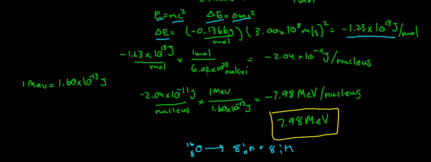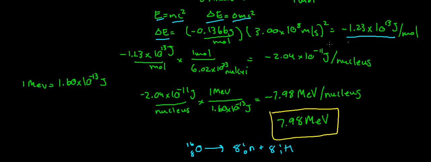With the quantities dealt with at this nuclear physics level, particle physics, it's always in very small quantities. We're always looking at things from the perspective of a single nucleus or atom. So the rest of this is really just a conversion to units that are used more frequently in this field of study. We're going to convert joules per mole to electron volts, million electron volts.